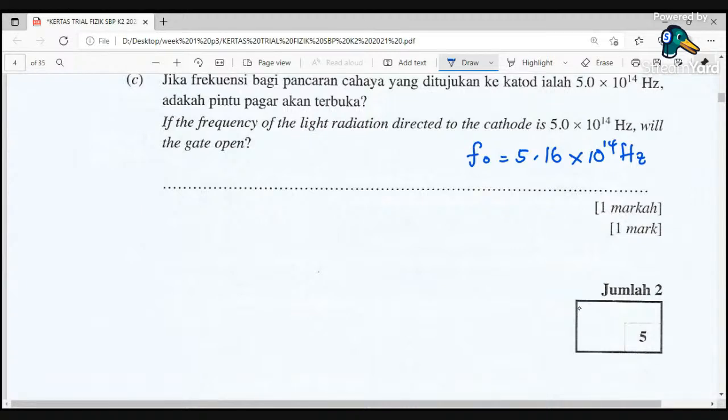So for electrons to be emitted from the surface, the value of frequency of photon must equal the threshold frequency or more than the threshold frequency. In this case, the value of f is lower than threshold frequency, so the gate will not open. Will the gate open? No, because the frequency is not enough, it's smaller than threshold frequency.